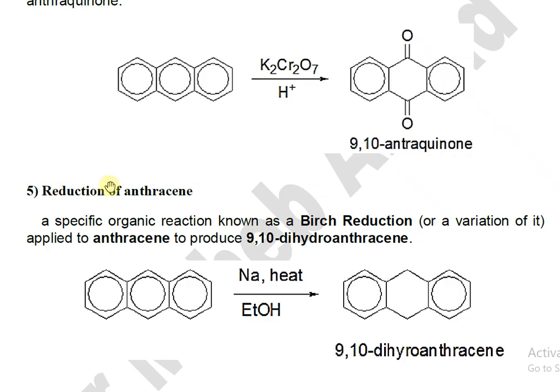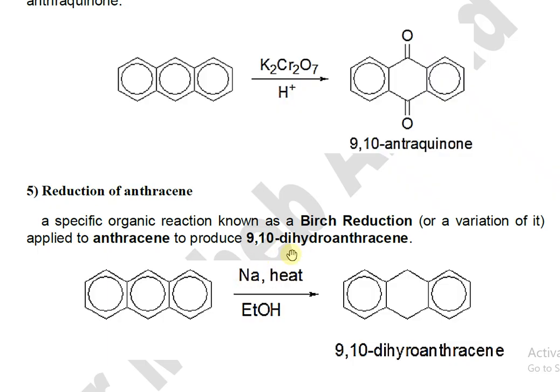Reduction of anthracene. This specific organic reaction is known as Birch reduction, applied to anthracene to produce 9,10-dihydroanthracene. This reaction uses sodium and heating.